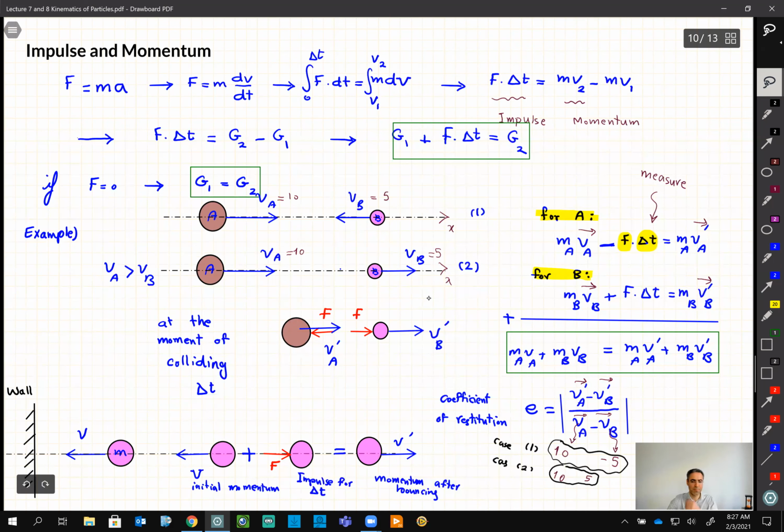Okay, better. So this is what we have. We had a ball, m, velocity v, and it comes and hits this wall. So we have its initial velocity and it bounced back. Its velocity now is v prime. And we know there must be a force, F here. And it impulses for this amount of seconds, delta t.